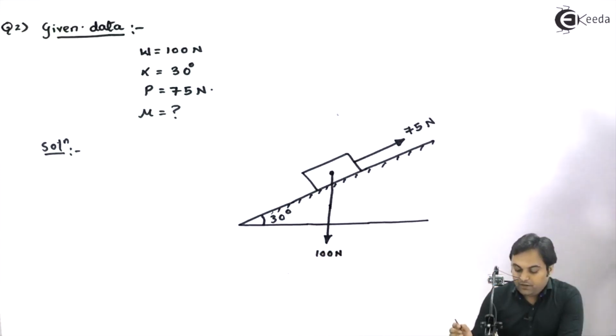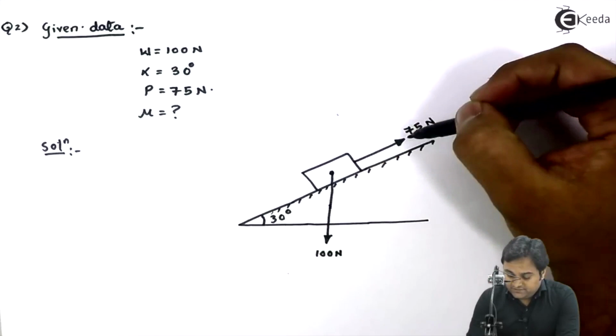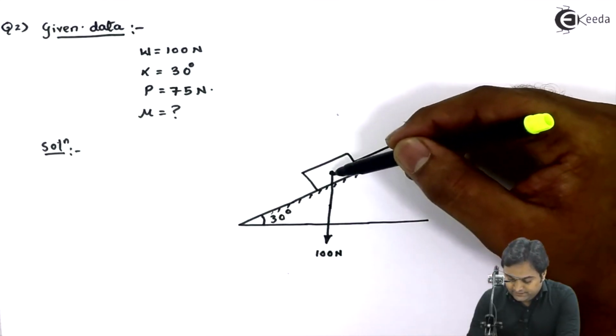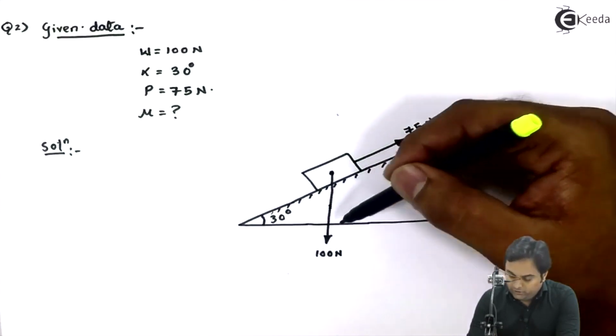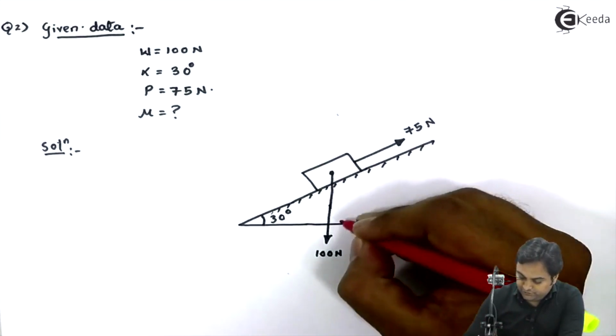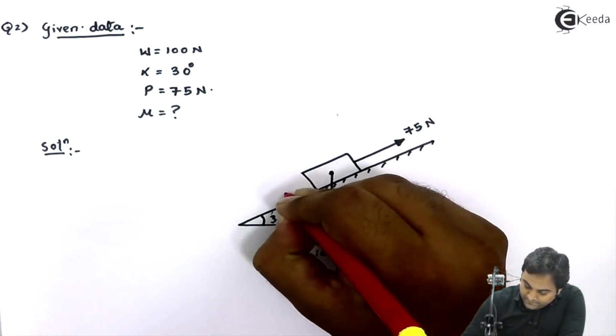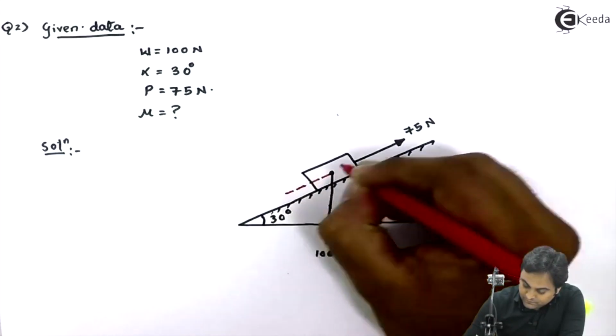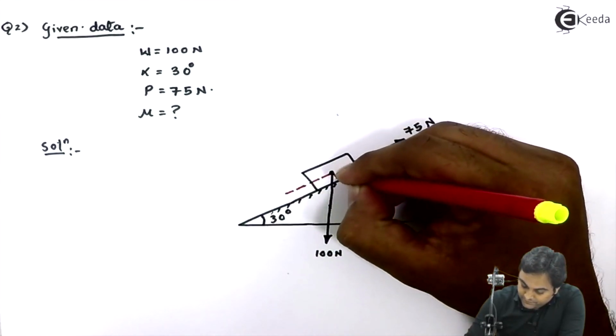Next, here these are the forces which are acting. As we see 100 Newton, that load is acting vertically downward on an inclined plane. It means there would be two components of 100 Newton, one parallel to the plane and the other component is perpendicular to the plane.